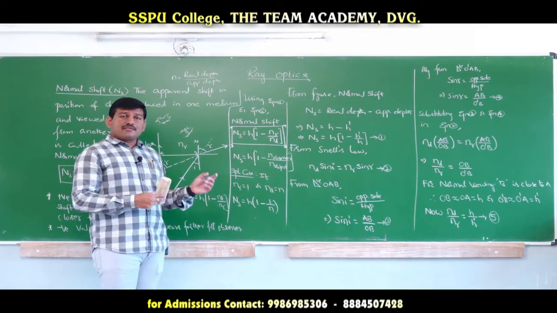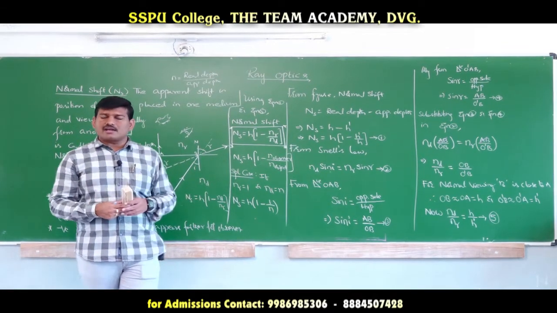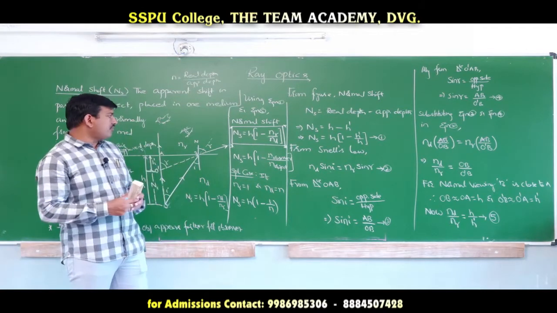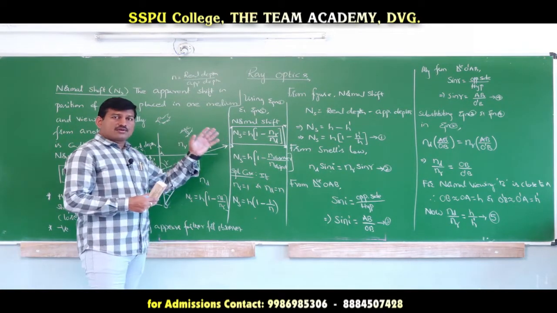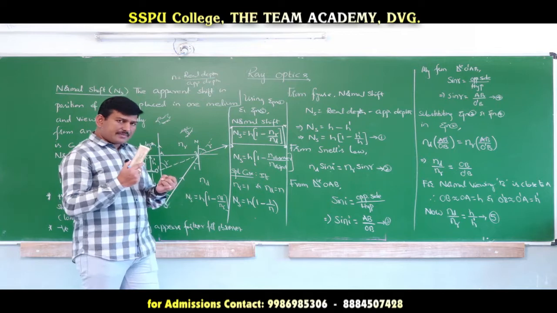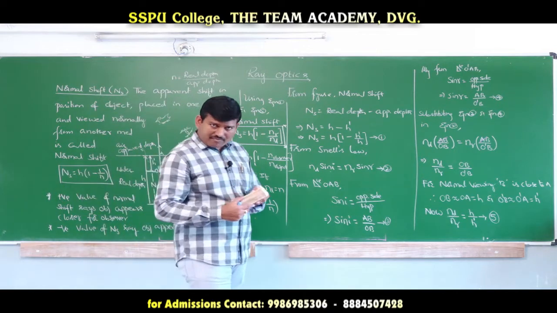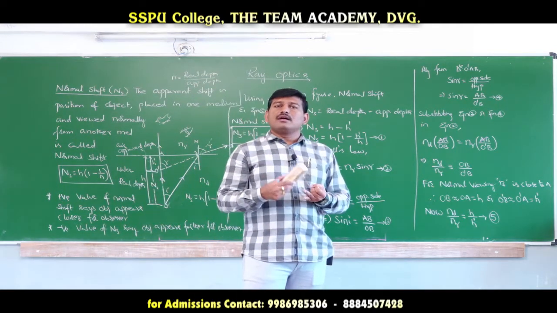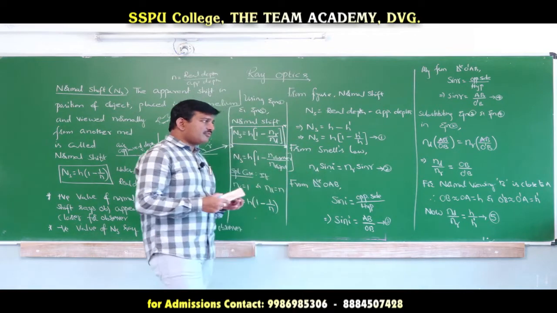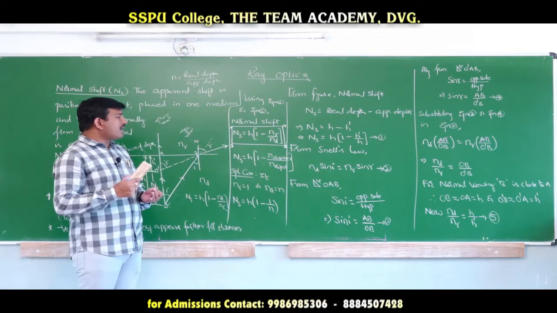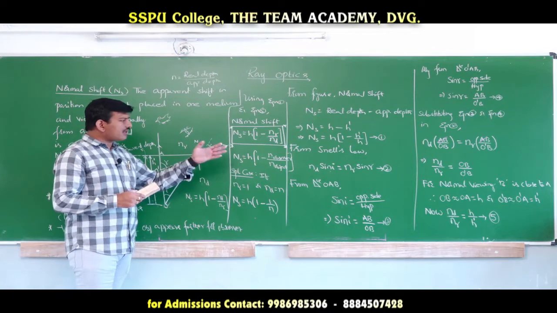Why? Because refractive index n is inversely related to the wavelength, that is the color. Therefore, normal shift depends on these parameters: the thickness of the refracting medium, the refractive index of the observer medium as well as the object medium, and the color of the light.